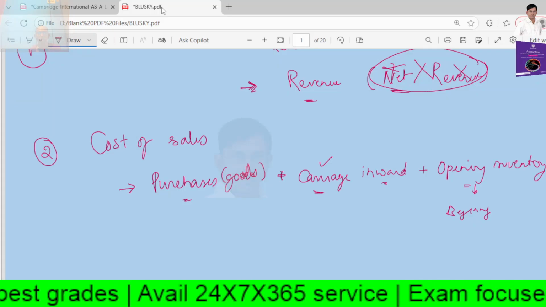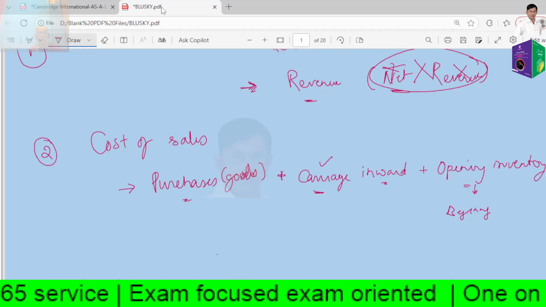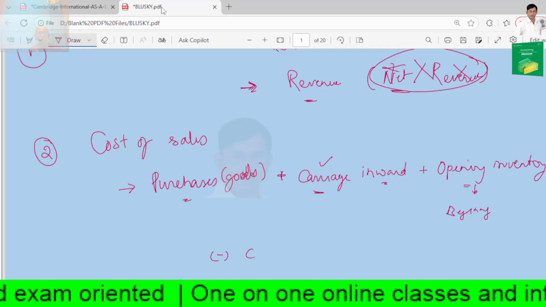At the end of the accounting period, some inventory might be remaining, and that is known as closing inventory.